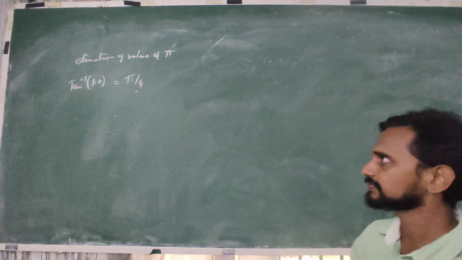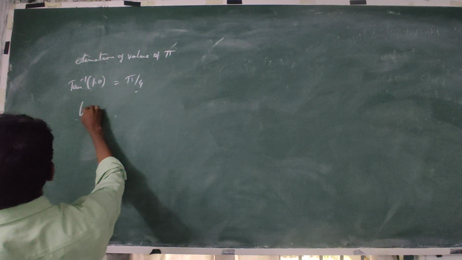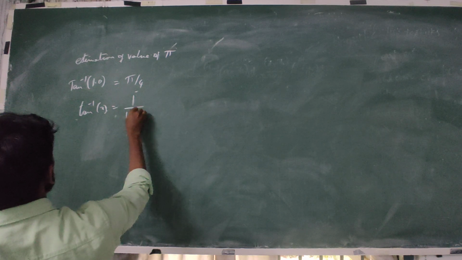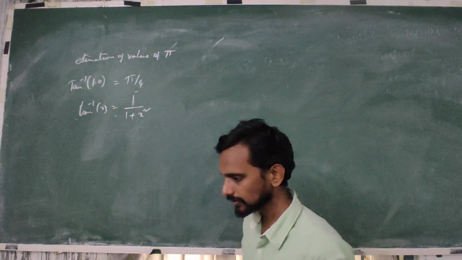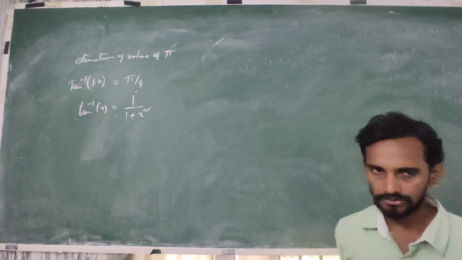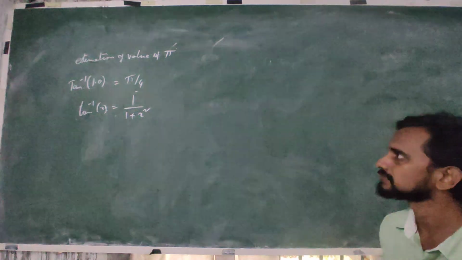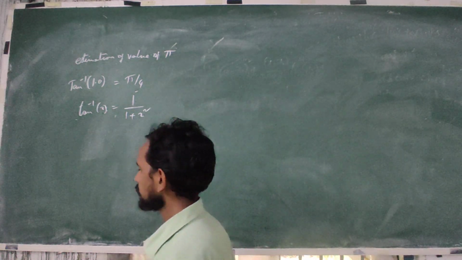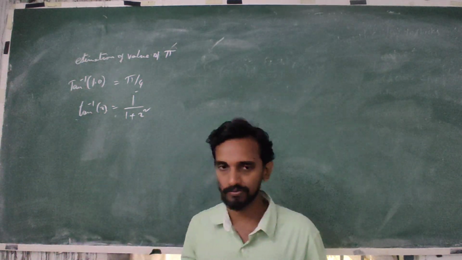Tan inverse x. Right? So tan inverse x is given by one by 1 plus x square. So now we have to take Taylor series or binomial expansion for this 1 by 1 plus x square.